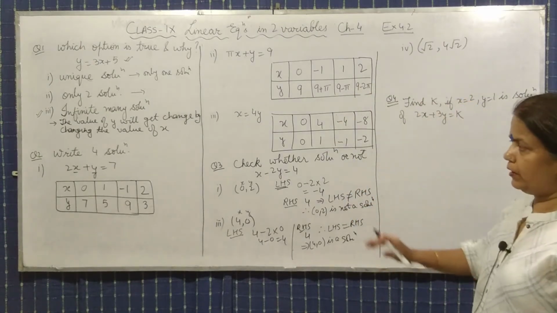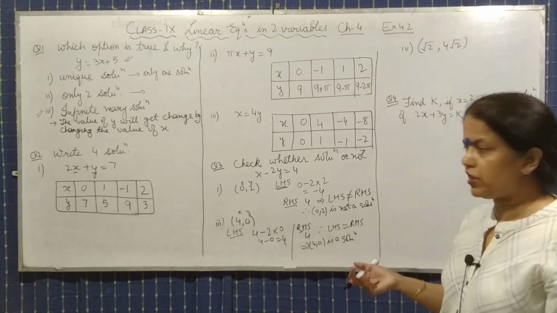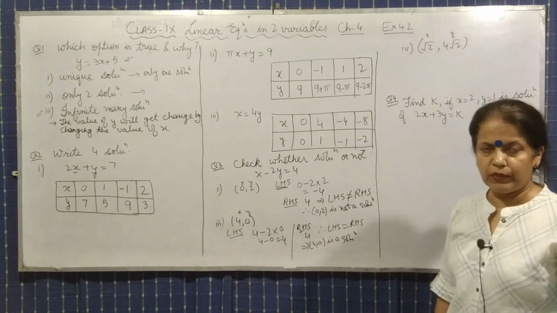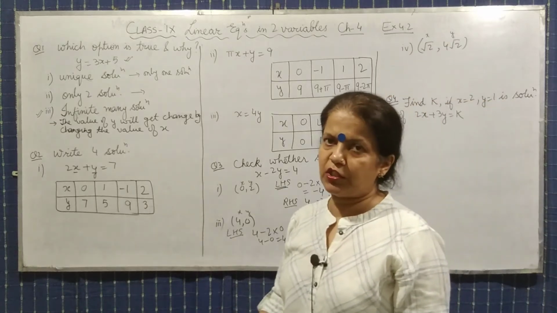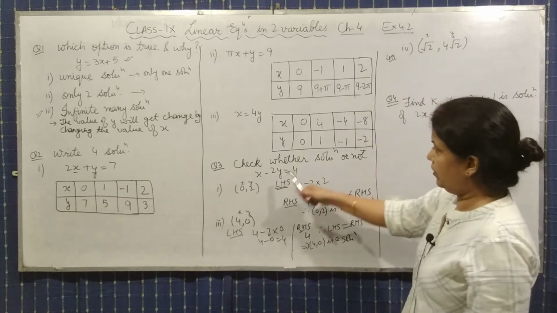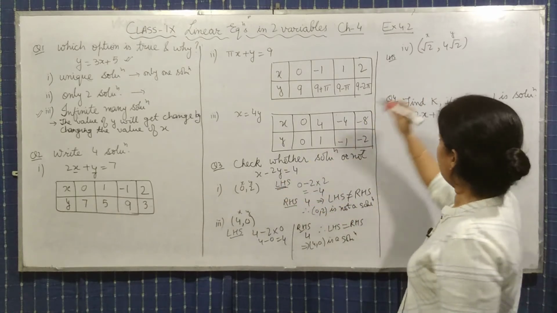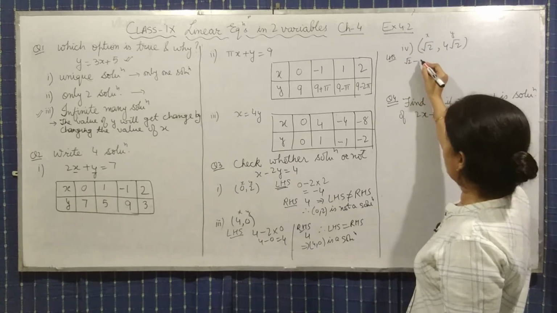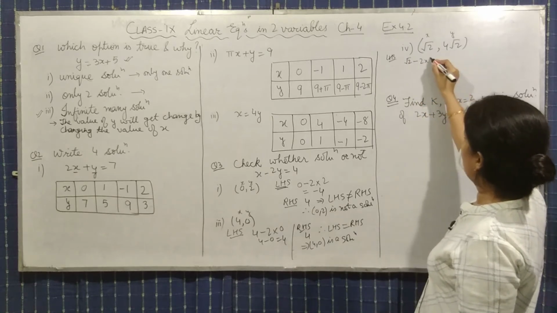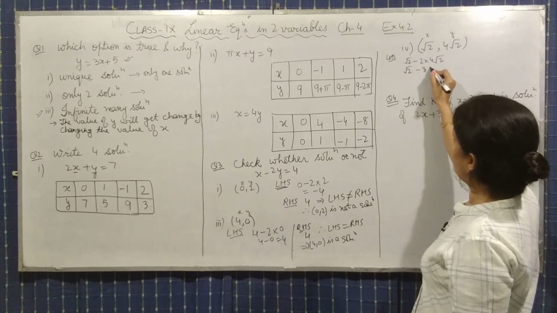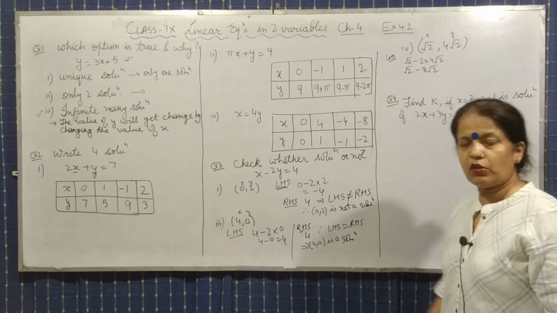Fourth part. All the parts you have to do in the same way. So again this is x and this is y. तो हम ये वैल्यू LHS में पुट करने की कोशिश करेंगे. Let's see LHS. This is the LHS. x minus 2y. So root 2 x minus 2 into y. 4 root 2. So it will become root 2 minus 8 root 2. इन दोनों को कैसे सॉल्व करेंगे?